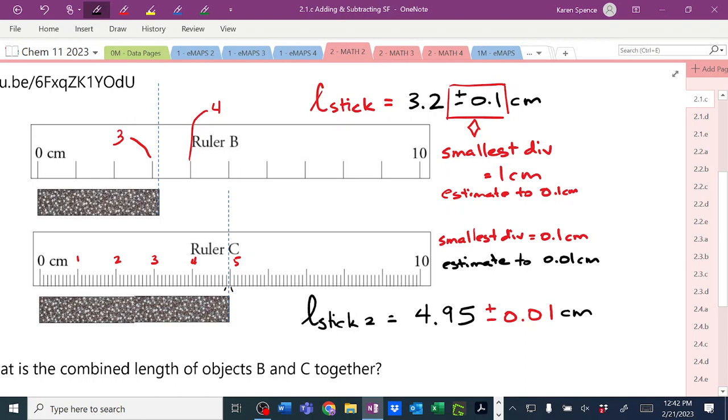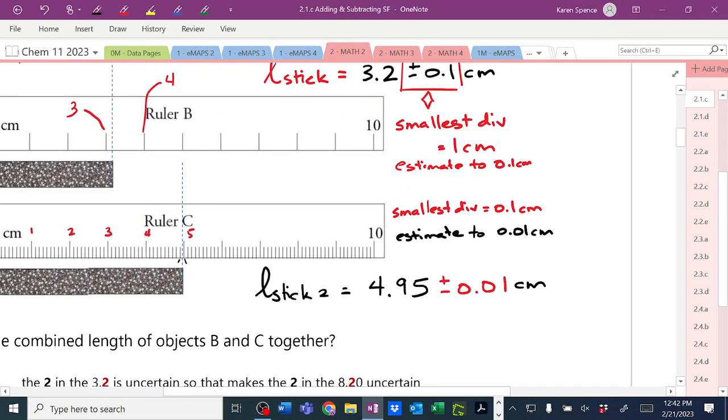Now, if I want to combine these two lengths and add these two measurements together, what I'm going to do is I'm going to take my 3.2 and I'm going to add it to 4.95.